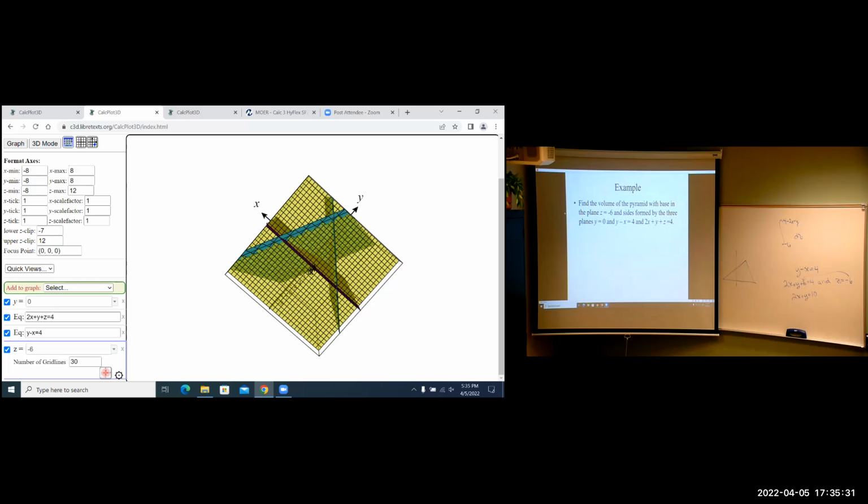Now, a couple different ways we can figure out which equation corresponds to which part on our graph. One way is to use CalcPlot3D, right? Turn off y minus x equals 4 and see which one turns on. We don't need that though, because if I solve each of these for y, this would be y equals -2x plus 10. This one here would be y equals x plus 4.